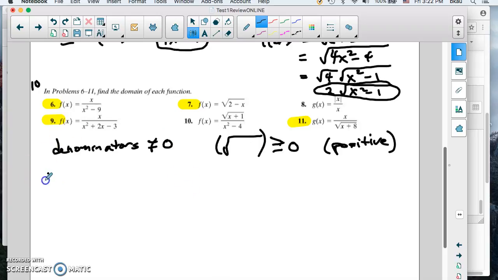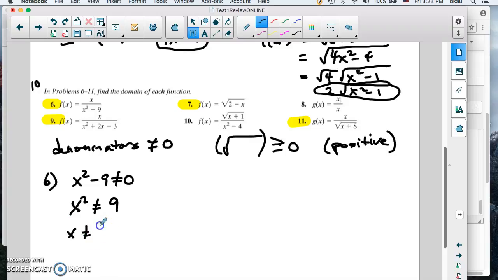So on number 6 here we have a denominator. So what I would say is the denominator cannot equal 0. That's our domain. So in this case this factors, or we can think of it as solving. Take the minus 9 and move it over, and you would get positive 9, and we take the square root of both sides.